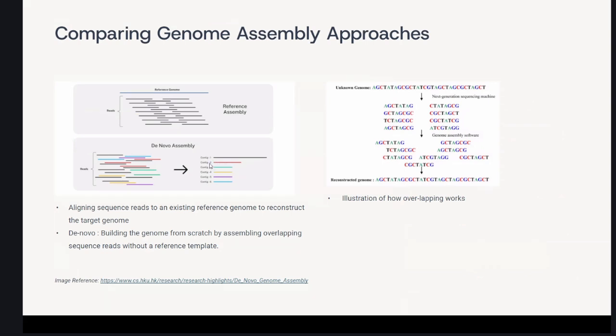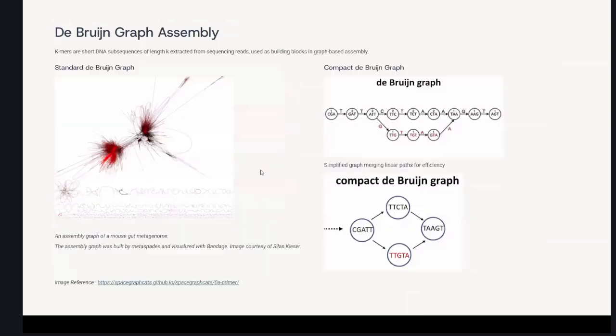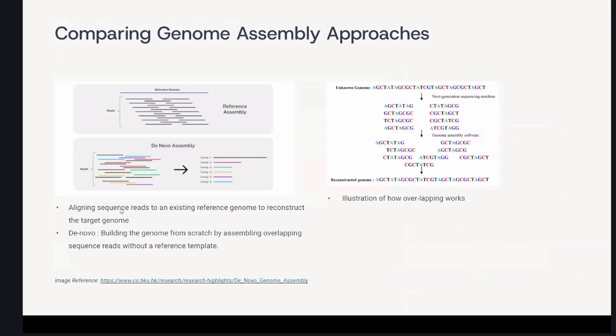You can see contig 1, contig 2, contig 3. So this is a fragmented assembly. You can find many fragmented assemblies in the NCBI database also.